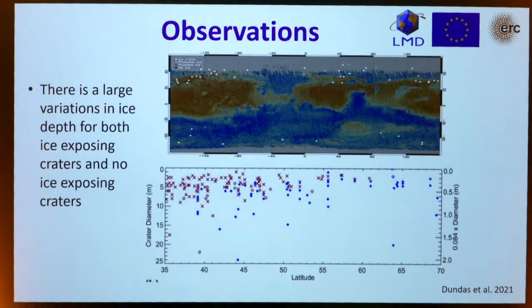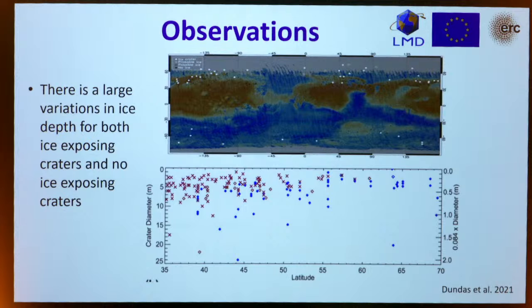So we see the observation from Sylvain before, and we can see it now from Colin Dundas. On the top, we have a map of crater ice. White means icy craters, and black means no icy craters, and we can see a really large longitudinal variation.